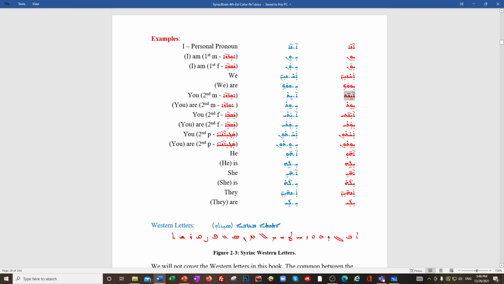Ayit. Ayit, you, second person, male, urza. Iwit. You see here, E with R for second person male. That is different from iwukh. Do you see here? Again, we're not going to match the English.